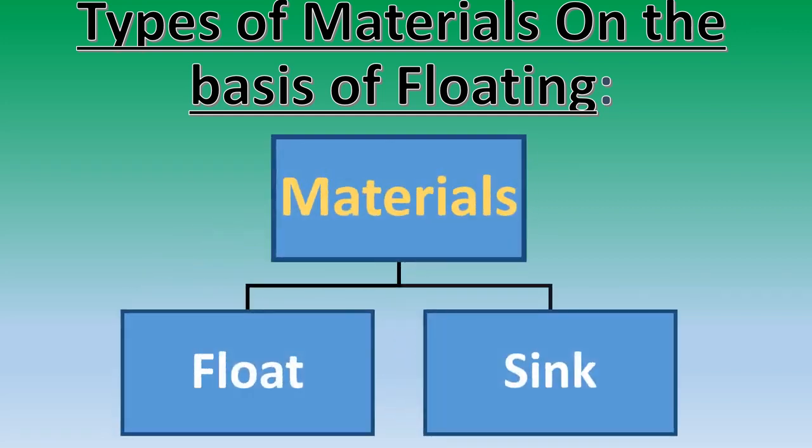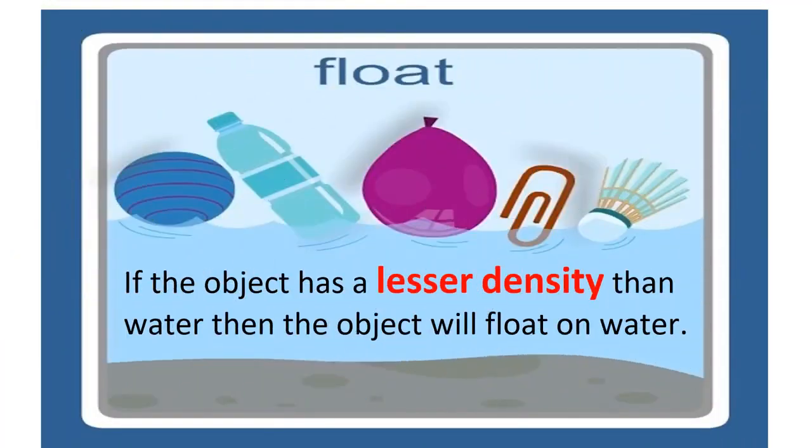Altogether, the materials can be divided into two categories. Either they float or they sink. Here you can see some objects are floating on the surface of water. A plastic ball, plastic bottle, balloon, plastic pen, and a shuttlecock.